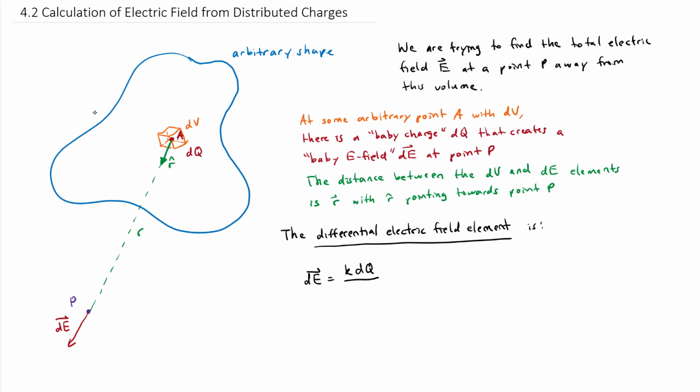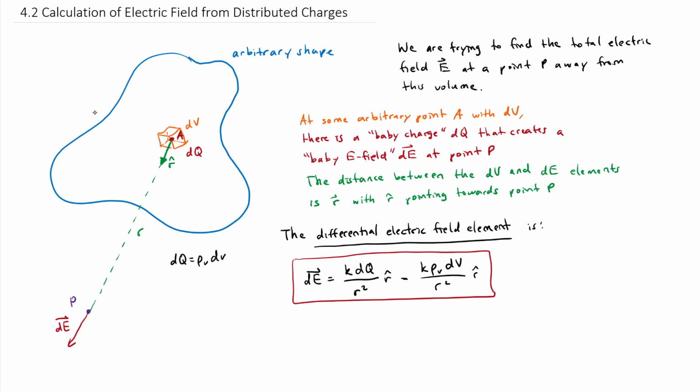So we have k dq over r squared in the direction of r hat. And because this is a volume, we know that dq can be rewritten as the volume charge density times dV. So we can write this as k rho_v dV divided by r squared, r hat. That is the equation for the differential electric field element.